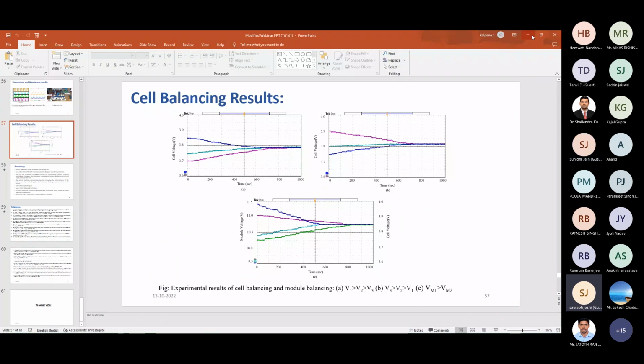Ma'am, what memory effect? I don't understand. Memory effect is, suppose I charge and discharge the battery over a period of time, how that memory effect comes into effect if I am working over a period of time.